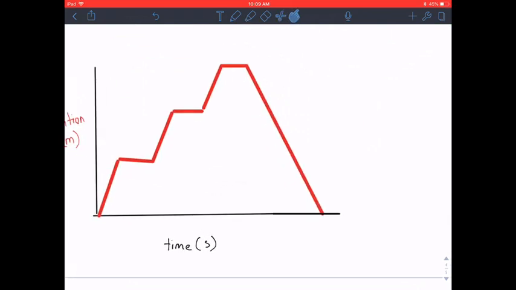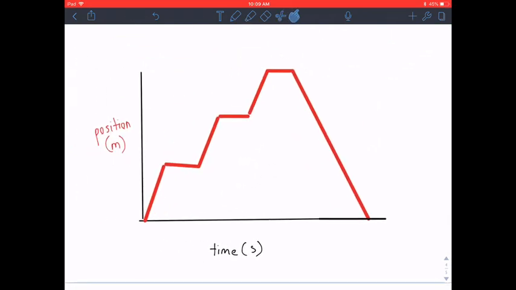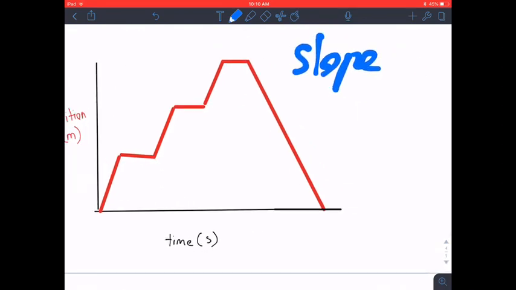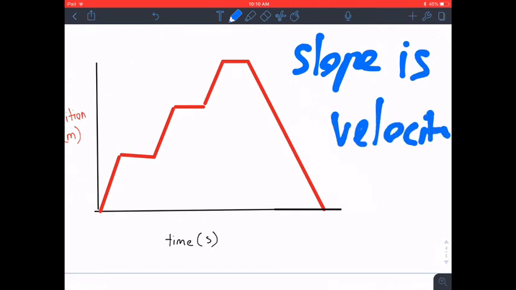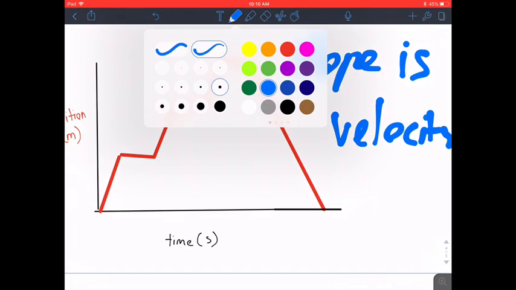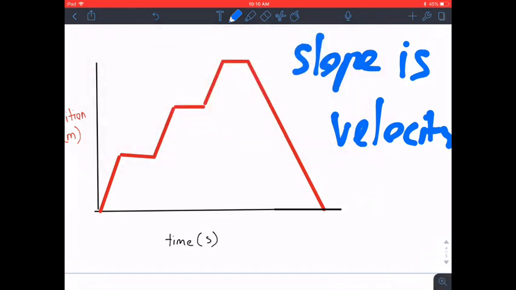If we were to look at that on these graphs right here, let's look at this more complicated thing. This is a position graph. So remember, the slope of a position graph is velocity. To figure out what's going on here, we need to realize that here the object has a slope that's positive and constant.